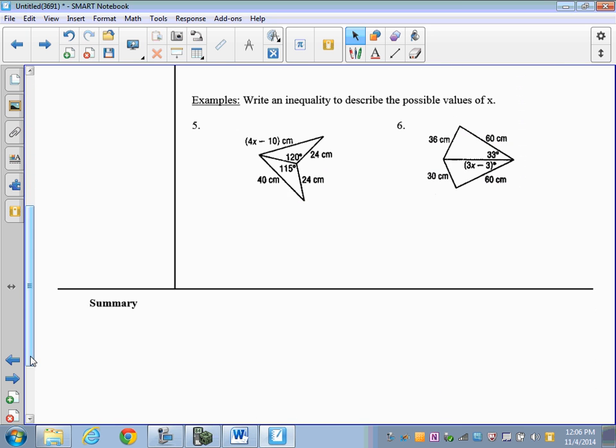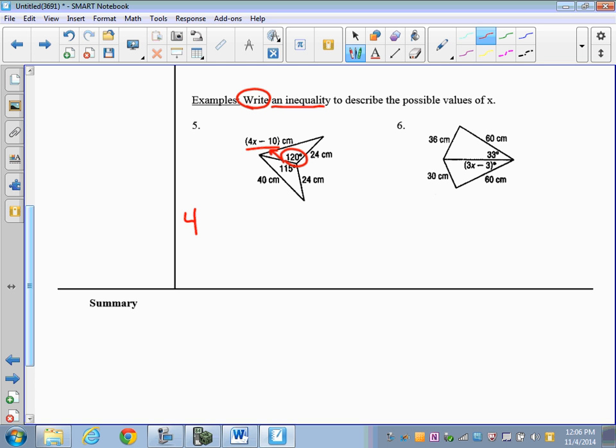The last thing that we do in this section is write inequalities to describe the possible values of x. Let's take a look here. Here's my expression with x in it. I see that it's across from 120, and 120 is the bigger one.